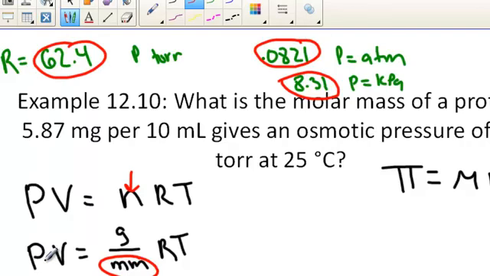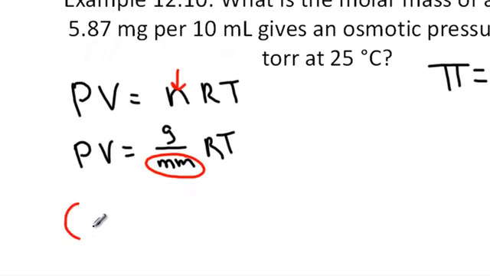The other approach, which some teachers will have you do, is to always convert your pressure to atmospheres and just remember one R constant, 0.0821. Whatever is helpful for you. I'm going to choose to just leave it as 2.45 torr.